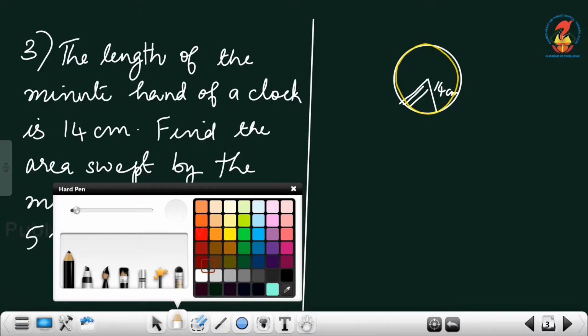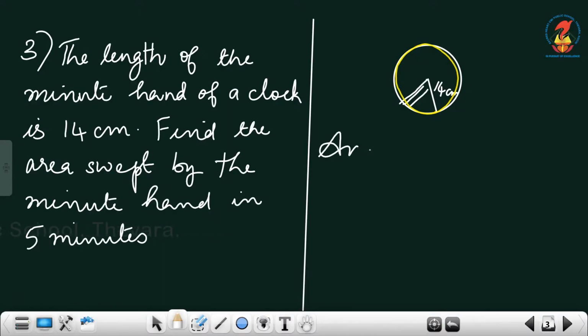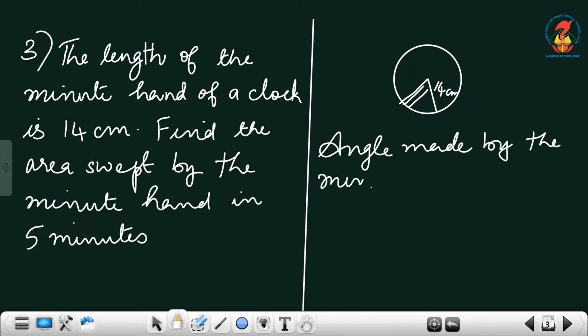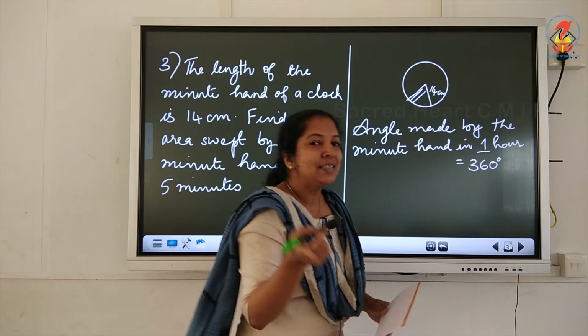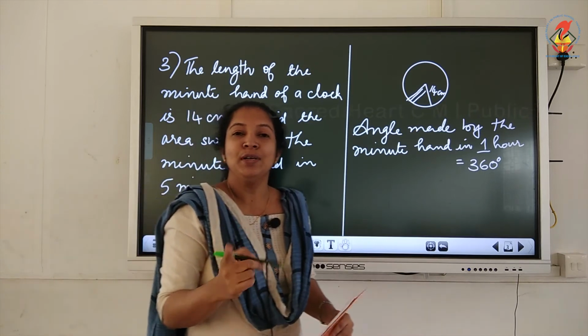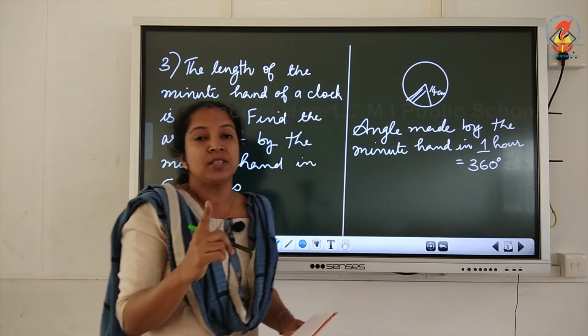So angle made by the minute hand in 1 hour is equal to 360 degree. 1 hour means 60 minutes. So 60 minutes it covers 360 degree.